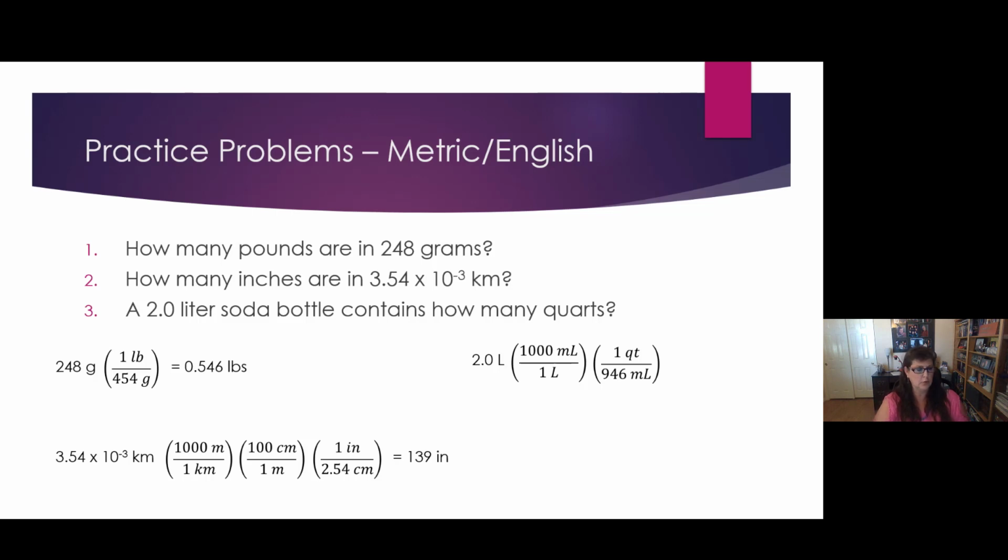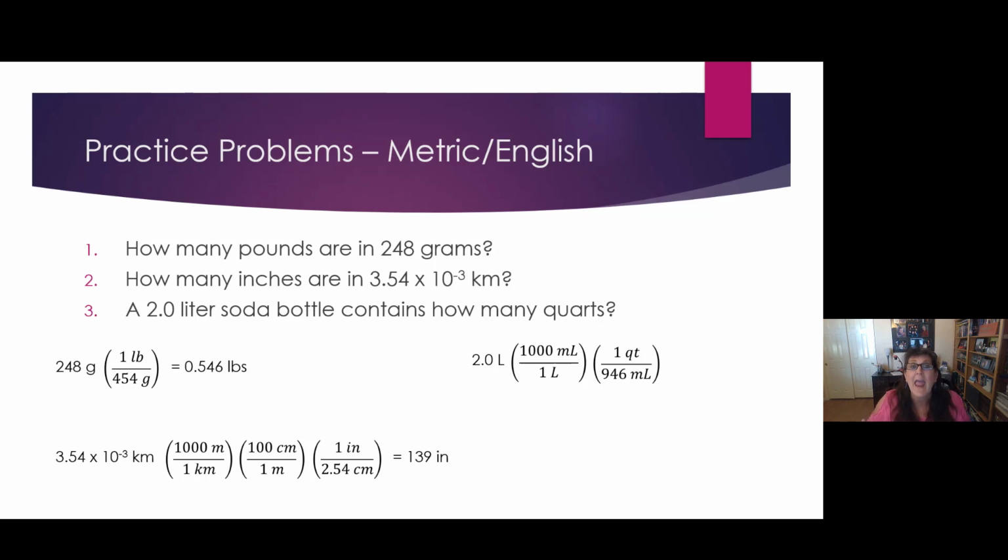2 steps. Cool. So 2.0 times 1,000 divided by 1 times 1 divided by 946 equals, big long number, sig figs. We're multiplying and dividing, so we go with the least sig figs. Look at what we started with, 2.0. Does that 0 count? It does.